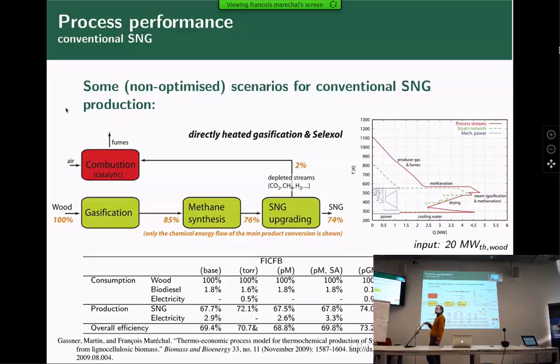So if I look at the hot and cold streams, this part minus this part is in fact the balance of the mechanical power. The point here minus the point there is the net mechanical power produced by the steam cycle.